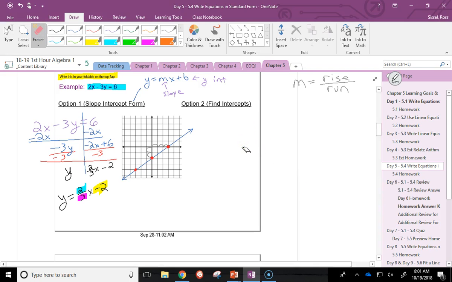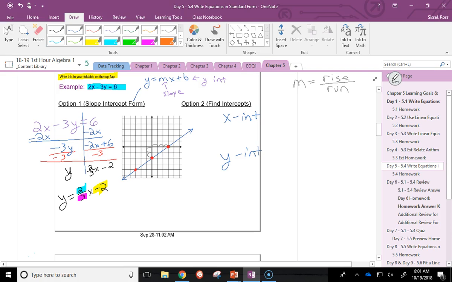Okay, now, option 2. Option 2 is fairly easy as well. We're going to find the intercepts. So I have to find my x-intercept, and then I have to find my y-intercept. And to be honest, this is where standard form is kind of handy. It's pretty simple.